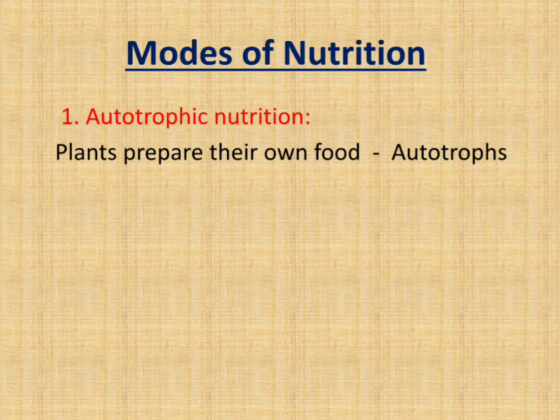What are the different modes of nutrition? Different methods or ways of nutrition. Plants prepare their own food, so they are known as autotrophs. This type of nutrition is known as autotrophic nutrition.